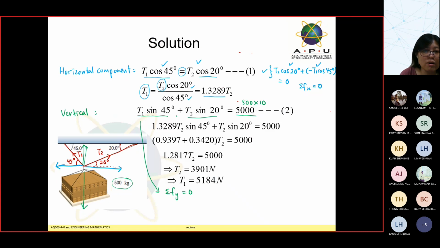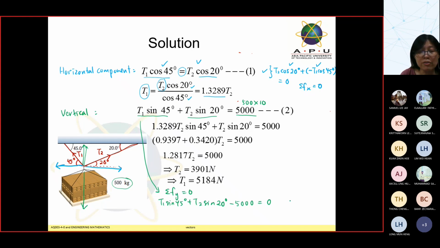So we are applying this concept as well. The one pointing up is T1 sin 45 plus T2 sin 20. Then the one with the opposite direction is 5,000, so to indicate the opposite direction, I put a minus. Then it will always equal 0. So this is total Fy equals 0.